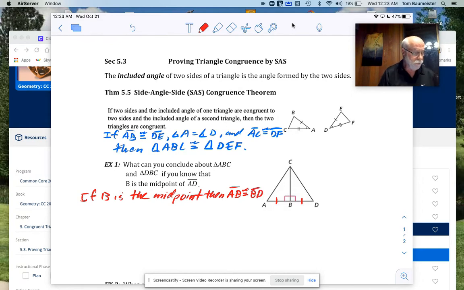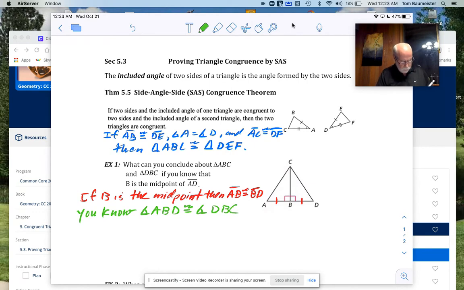Now, what else do you know? You know that angle ABD is congruent to angle DBC. ABC here, my bad, sorry. That's what happens when you do stuff at midnight.